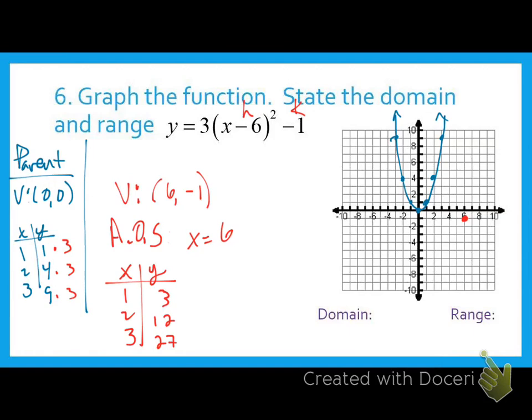So what that tells me is if I walk one step over from the new vertex, I have to go up 3. If I walk 2 steps over, I got to go up 12. So one step over, go up 1, 2, 3. 2 steps over from the vertex, go up 1, 2, 3, 4, 5, 6, 7, 8, 9, 10, 11, 12 puts you here.